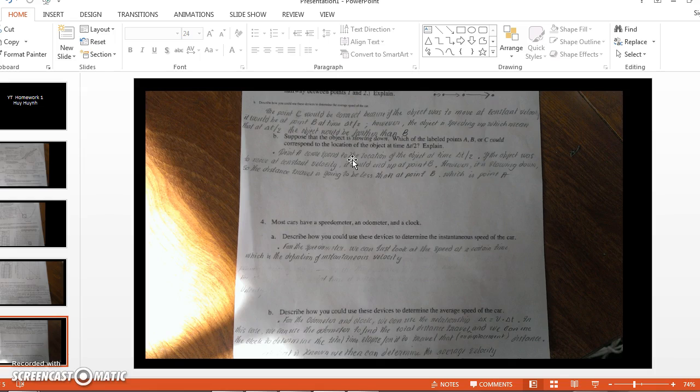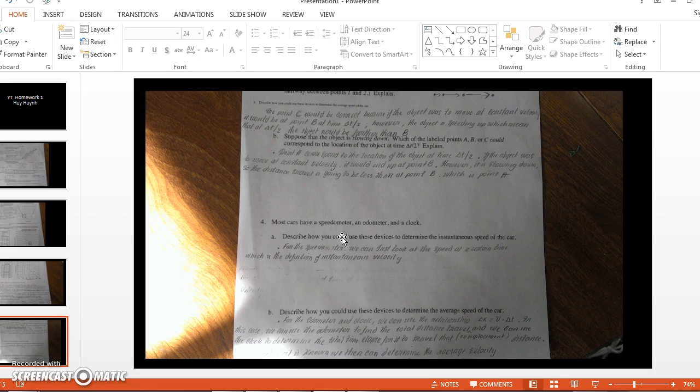Same idea: if the object moved at constant velocity, it would end up at point B. However, it is slowing down, so the distance covered is going to be less than B, which is A. So it's going to end up at point A.